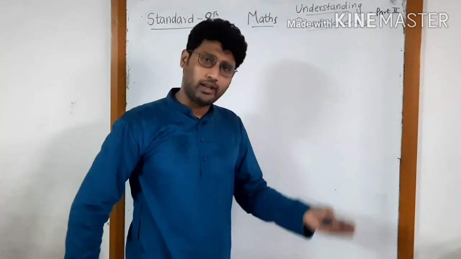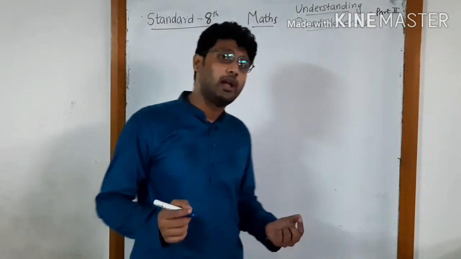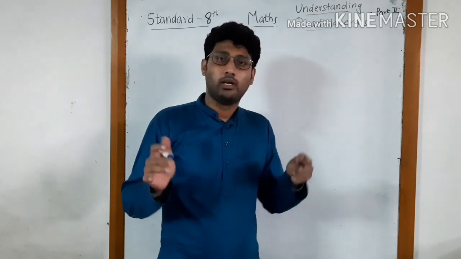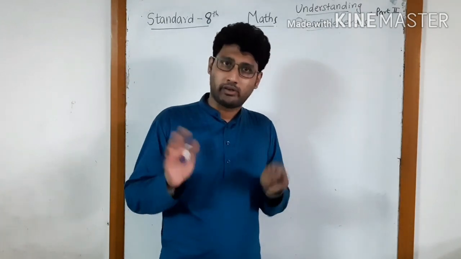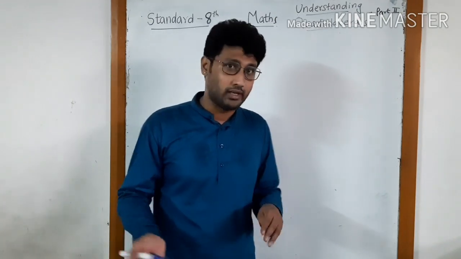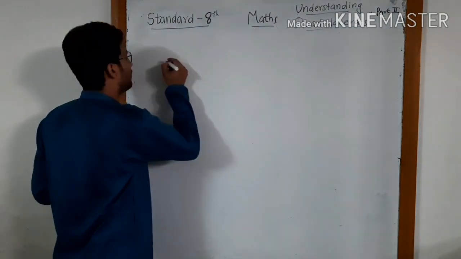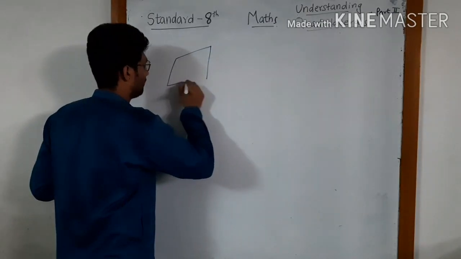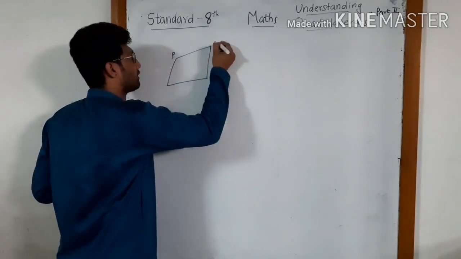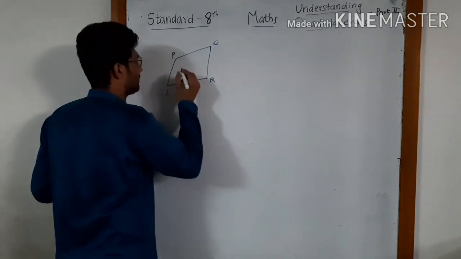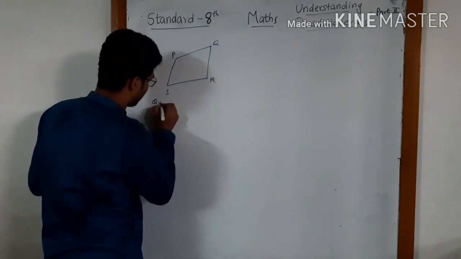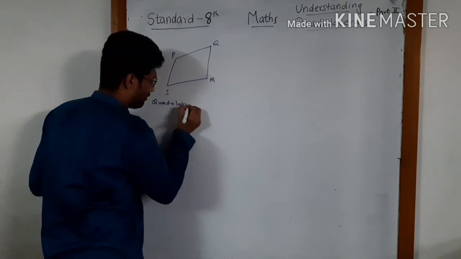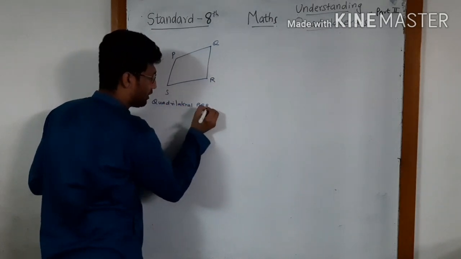Let us take a convex quadrilateral first. You know that a convex quadrilateral means that any diagonal will be inside the area of the quadrilateral and not outside it. So suppose I take this quadrilateral P, Q, R, S. So we have quadrilateral PQRS.